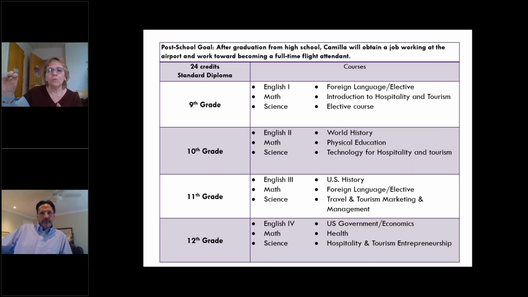You can see what she is going to be working on in 9th grade, 10th grade, and 11th grade. And of course, some of this will change depending on whether that particular class or course is still being offered that year. But at least it gives you a good picture of where this child, Camilla, in this example, is going to be going every year. And it really helps with planning the transition, particularly around her courses of study.